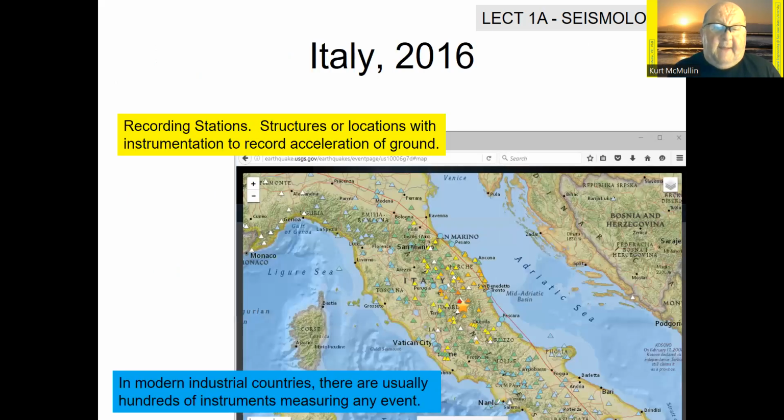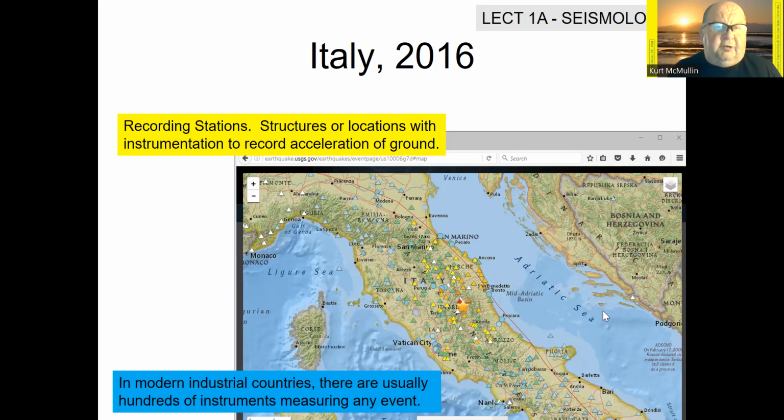If you look at this map of Italy, it indicates with these triangles all the recording stations that made a recording from that earthquake. As you can see, they're quite extensively installed throughout Italy, and we had several readings from right here around the earthquake epicenter, but we also have readings very far away and even across on the other side of the Adriatic.